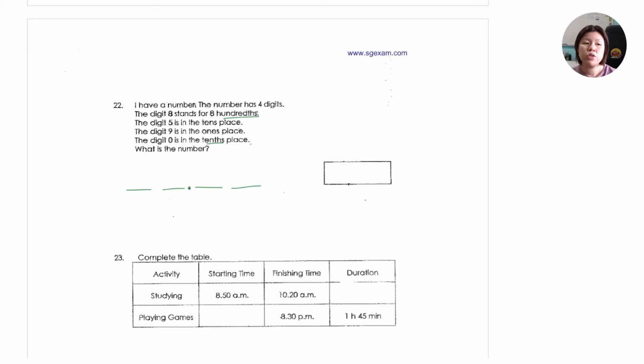So just as we mentioned before, tenths is the first digit after the decimal, which is this one. So this is 0 and I'm done. And hundredths is the second digit after the decimal. So this is 8 here, done. And my ones is 9, tens is 5. Answer 59.08.